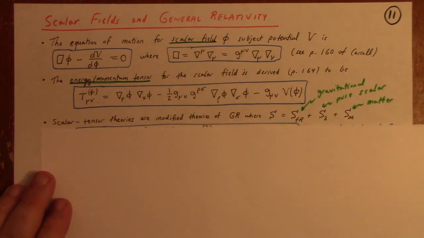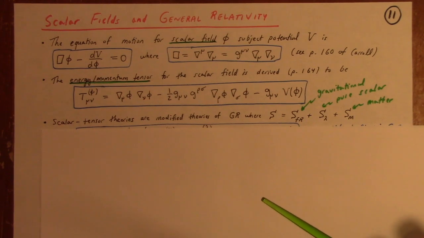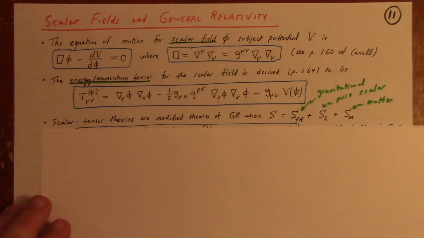All right. Now, what's interesting is that a lot of the modified versions of general relativity, which are of interest, basically can be viewed as conventional relativity where you've added in a scalar field.